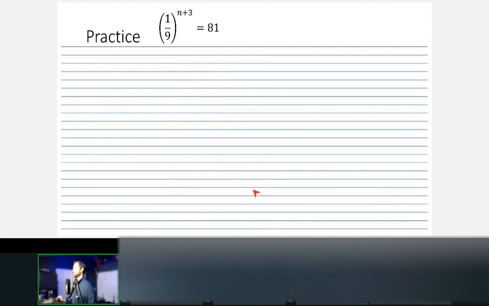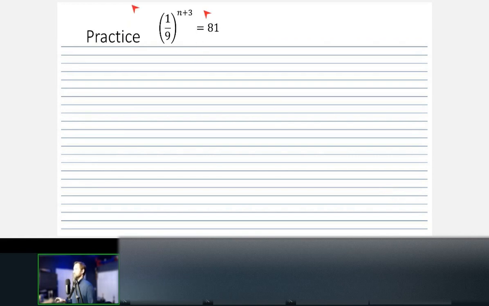All right. Ideas for this one. There's a couple things that I can think of. How about you? Make the 81 an exponent.